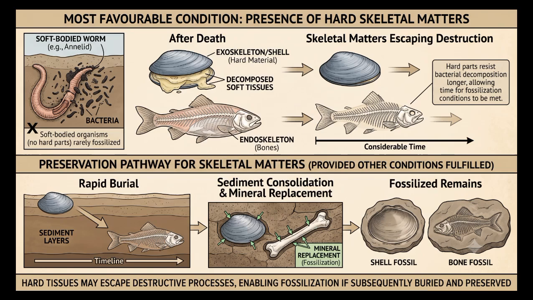We can get fossils of fishes that draw our attention back to the Ordovician. How does it happen? Because they have hard parts. After death, their soft parts get destroyed, but their hard parts get fossilized and preserved for a very long time, so we can get them as fossils.